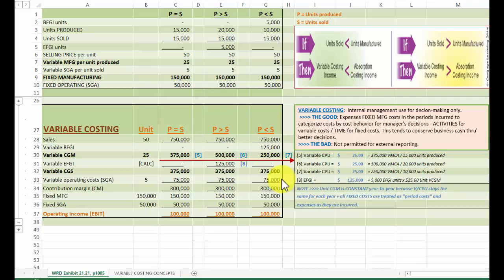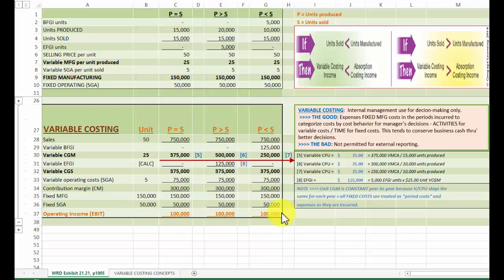Deduct the variable operating costs, and that would produce the contribution margin of $300,000. And as you can see, the same contribution margin less the same fixed manufacturing and fixed selling, general, and administrative costs produce the operating income of $100,000.